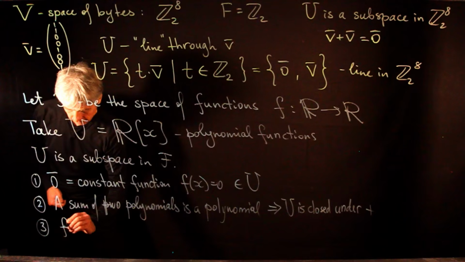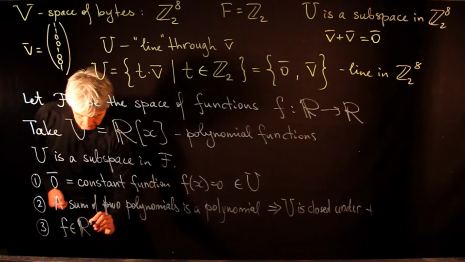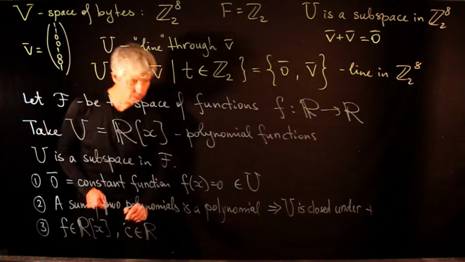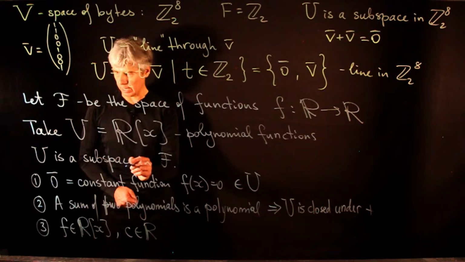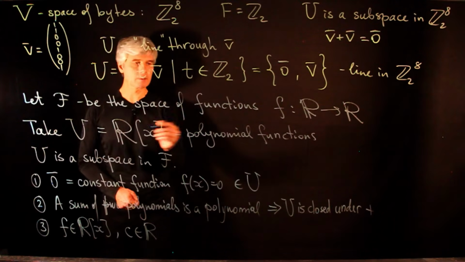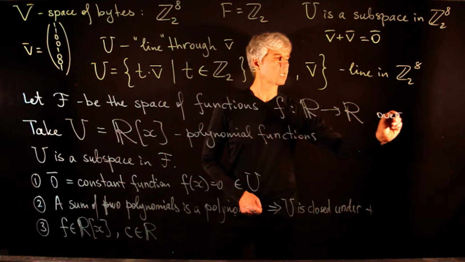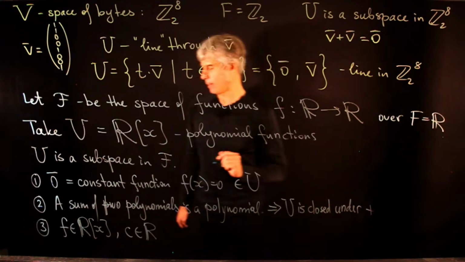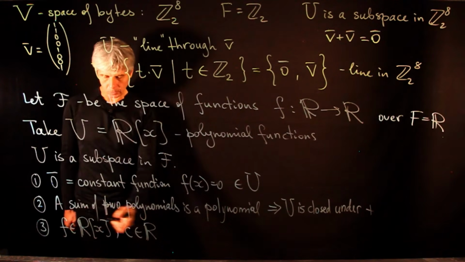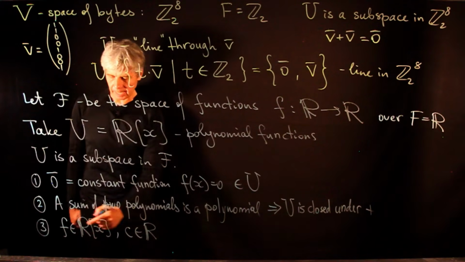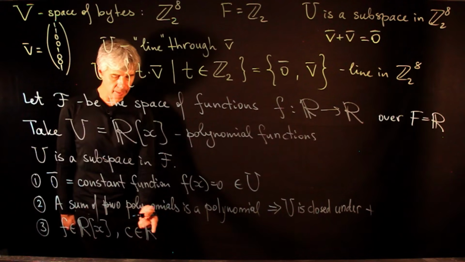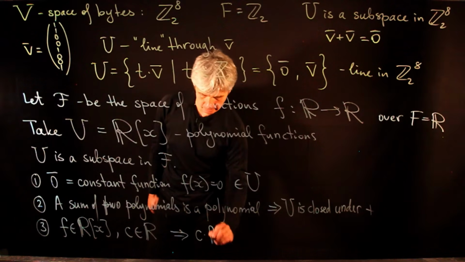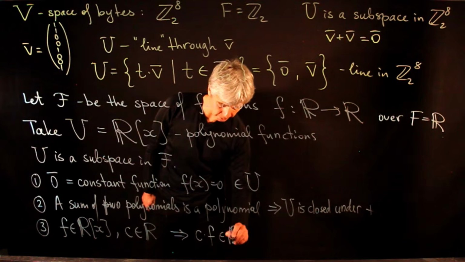So if f is a polynomial and c is a real number, right? So we should say that, of course, F is a vector space over the field of real numbers. And so coming back here, if we take a polynomial and a real scalar, then c times f is also a polynomial.